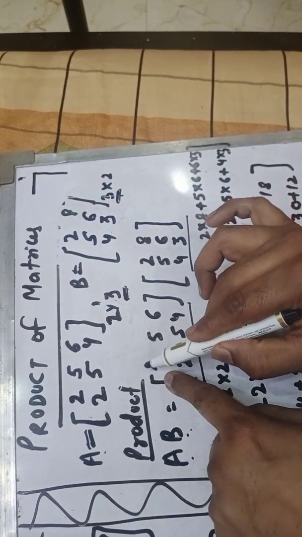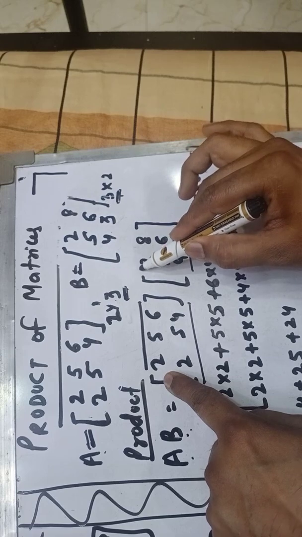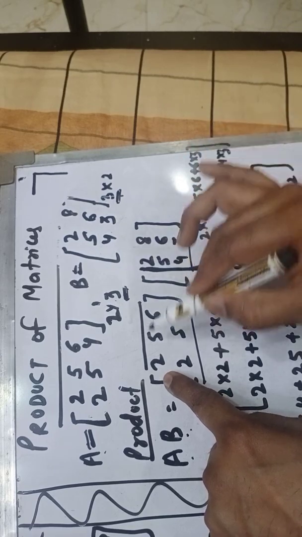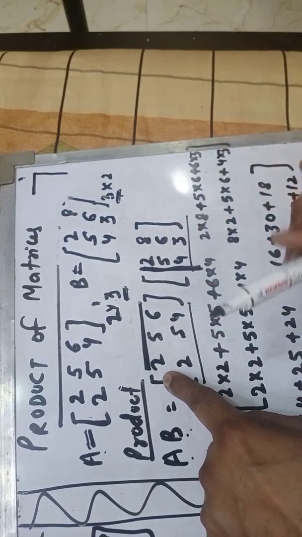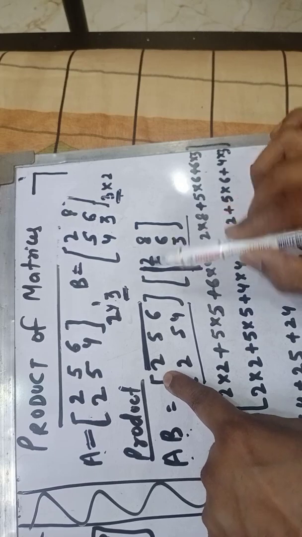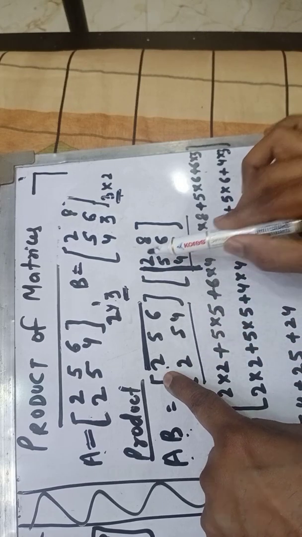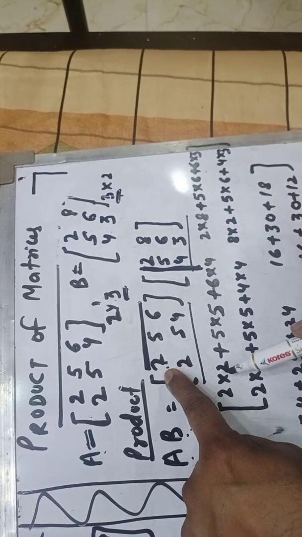You have to take the complete first row of the first matrix and the complete first column of the second matrix. That means this one and this one. So you are making a 7. This element into this element, 2 into 2.